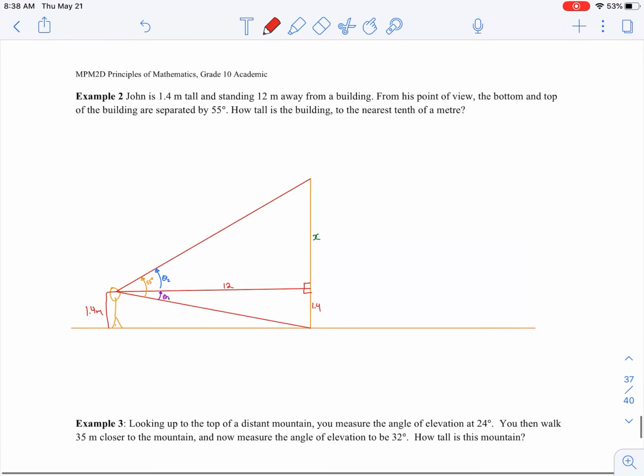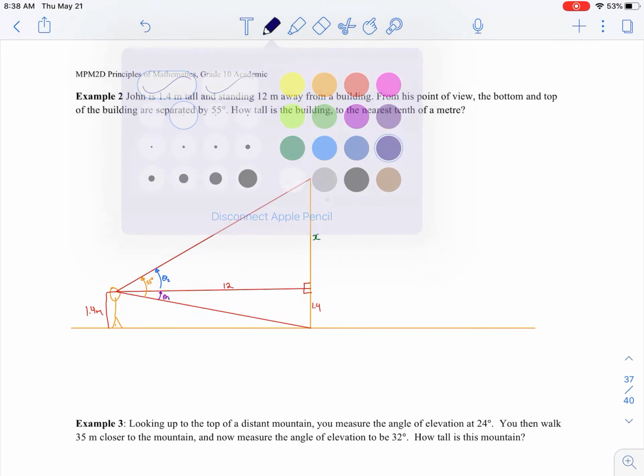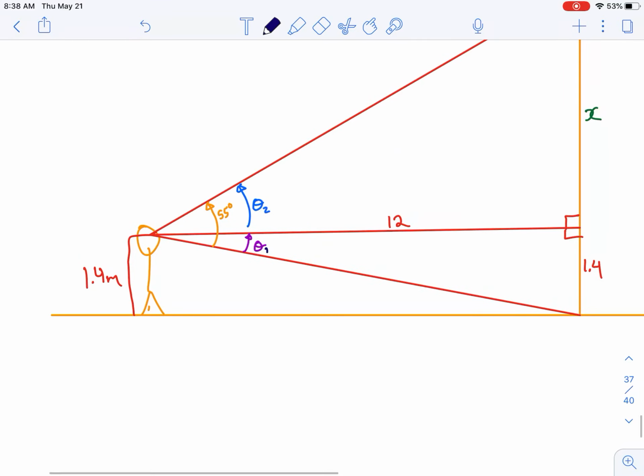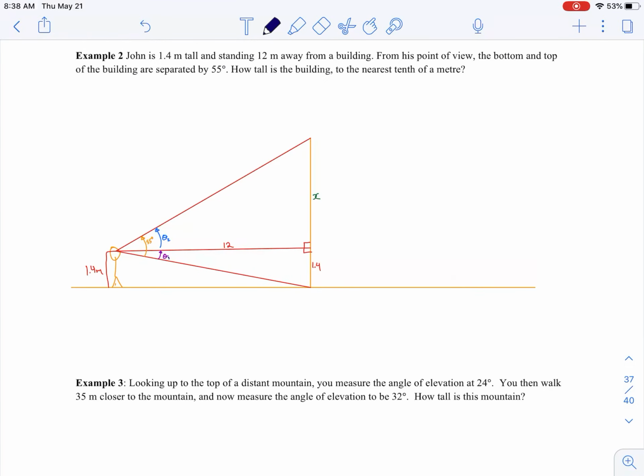So example number 2, I've drawn a diagram here already, saying that John is 1.4 meters tall. So we've got John being 1.4 meters tall, and he's standing 12 meters away. So this distance right here, 12 meters, I've labeled it in red up there, from a building.